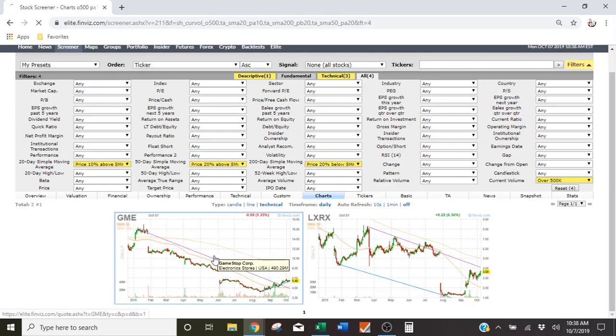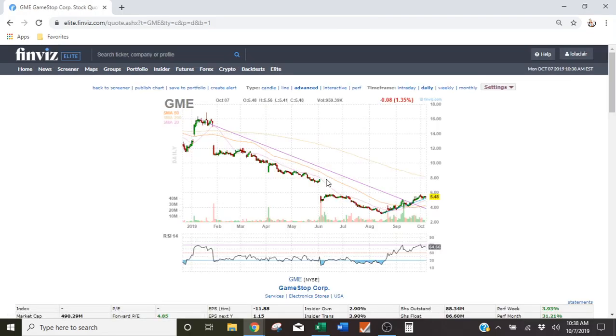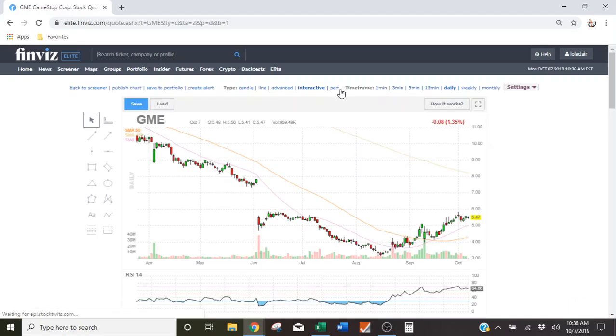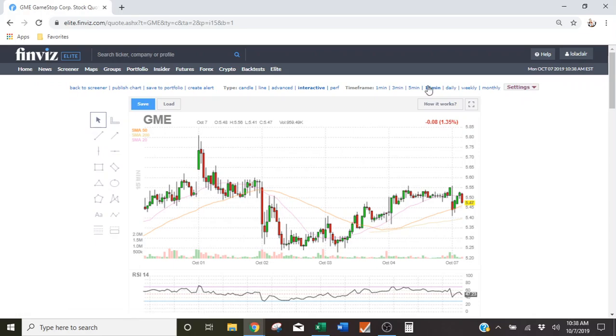Okay. So you're looking at stocks 20% over the SMA 20, 50, and 200. There you have it. You can see it on the daily, on the 15-minute chart. Pull up your fib.